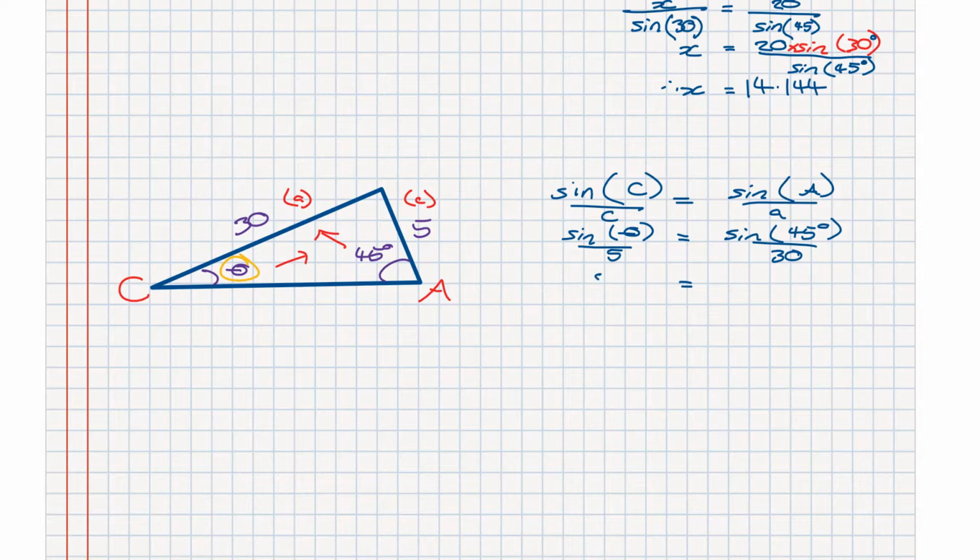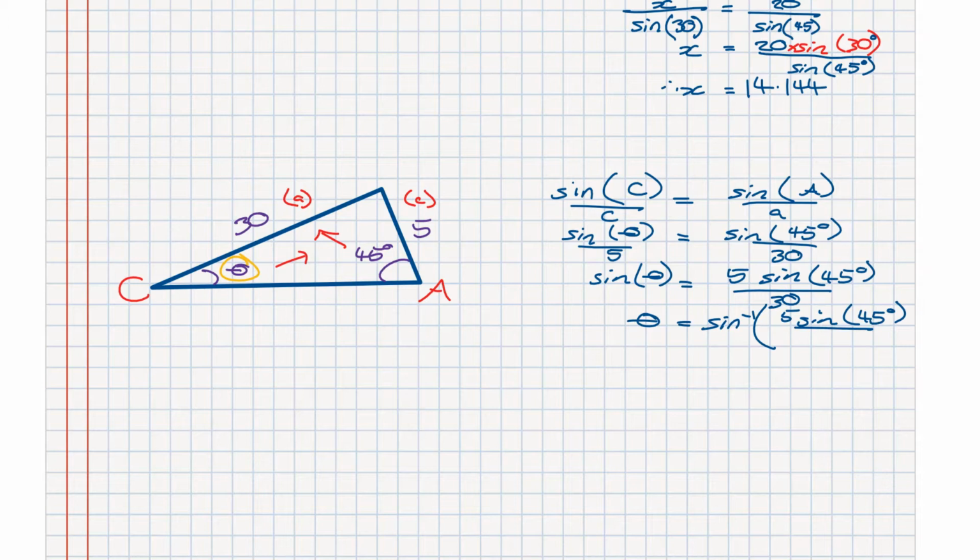Rearranging, we're going to get sine of theta equals 5 sine 45 degrees all over 30, and then the inverse sine on both sides. So theta equals inverse sine of 5 sine 45 degrees all over 30.